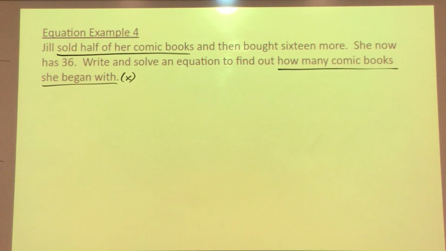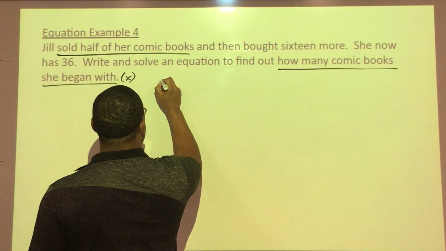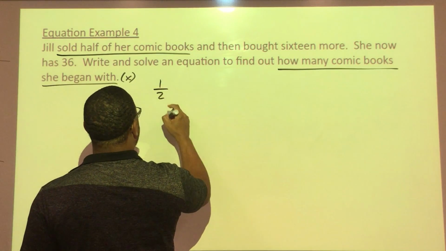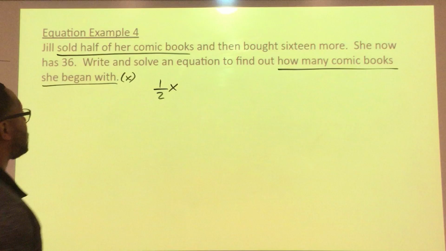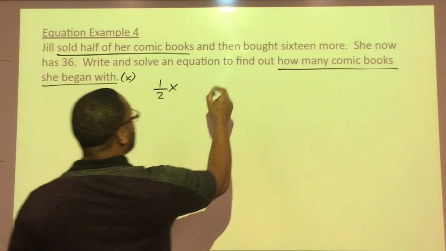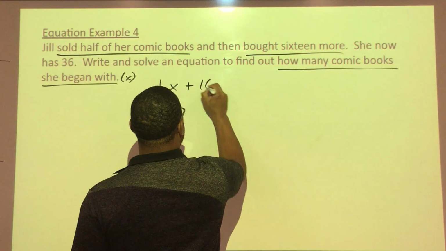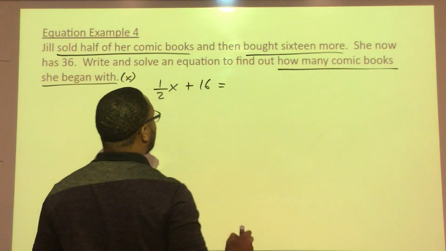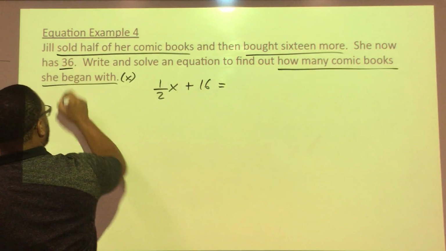So you got to think, well, what's a way to represent half? Well, we can use the fraction, half of the number of comic books she began with. And then it says that she bought 16 more. So we're going to add 16 and set that equal to how many she has now, which is 36.